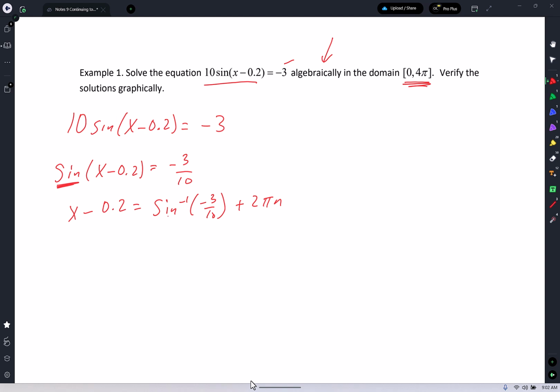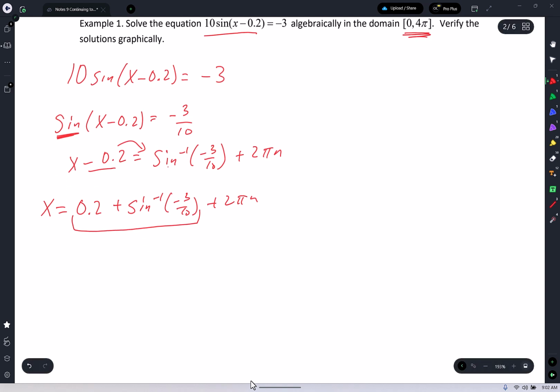All right. I'm going to take my calculator. I'm going to move this 0.2 to the right. I'm going to write x equals 0.2 plus arc sine of negative 3/10 plus 2 pi n. And this part right here, I'm going to put in my calculator. Make sure you're in radian mode.